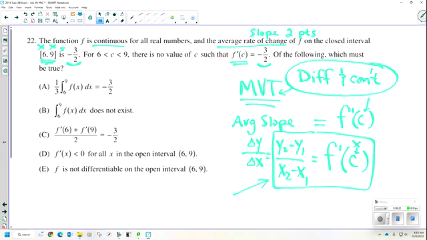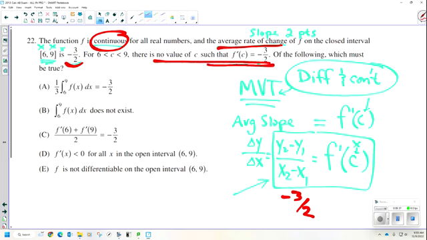Now, they tell us it's continuous. That's this right here. But then they say that the average rate of change is negative 3/2. But then they say there is no value. So they're saying this cannot be negative 3/2. So if it's continuous, but the mean value theorem isn't true, that means it can't be differentiable.